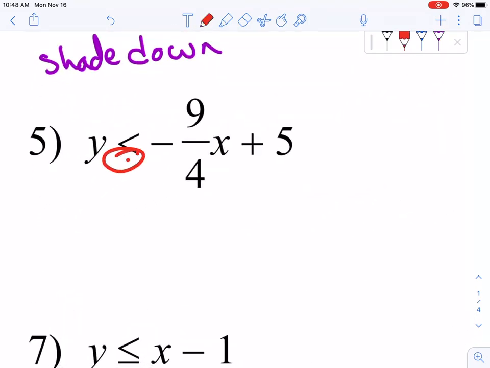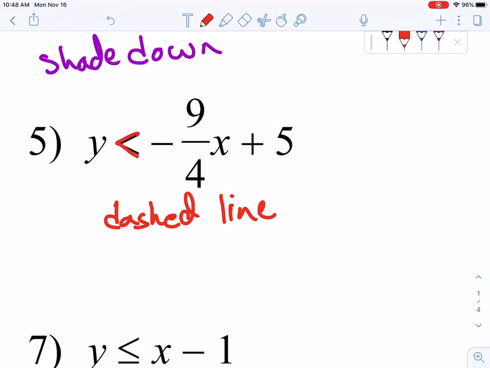So no or equal to down here, so this is going to be a dashed line. And this is less than, so we are going to shade down.